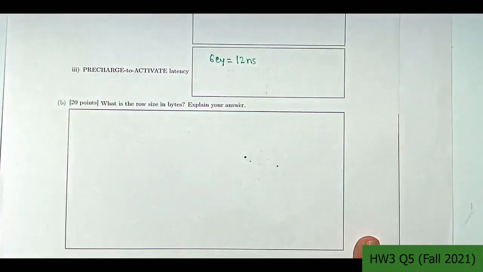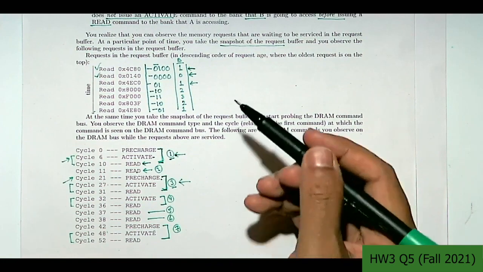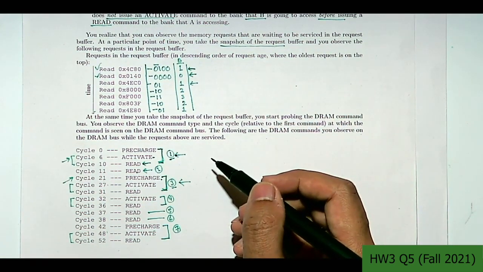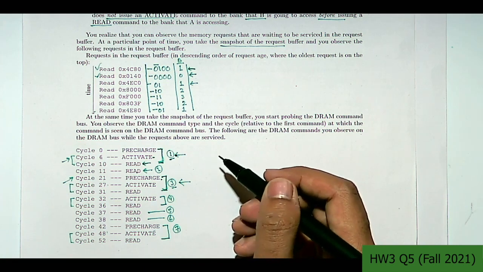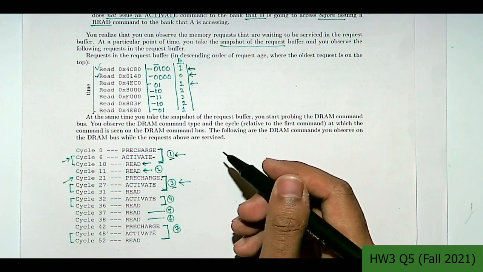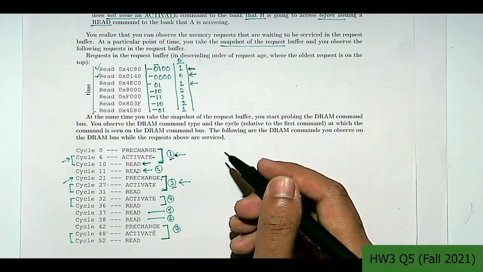What is the row size in bytes, and explain your answer. To approach this question, I would say you should first think that a row buffer hit would give you an idea how big the row buffer is, and a row buffer miss will also give you an idea how big your row buffer is. Make sense? So the first approach would be to figure out which accesses are going to the same bank.